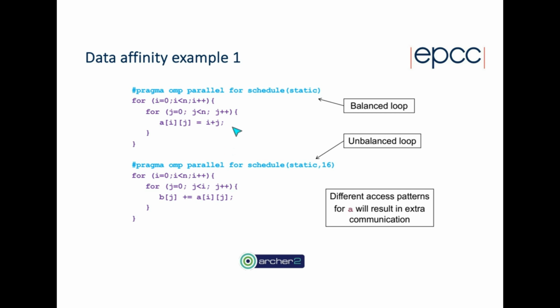I've got two loops here, and the important thing to notice is that these two loop nests are accessing this two-dimensional array A. The first loop nest writes some values into it, and the second one reads values in A. Look at the second one first: this is a triangular loop nest, because the bounds for J are 0 and I, and I is the outer iterator.